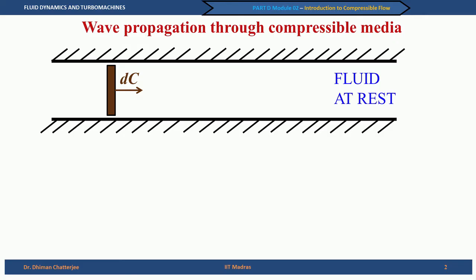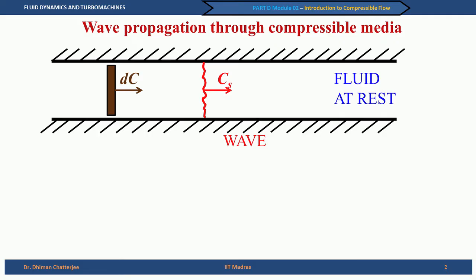However, the fluid near the piston will start acquiring the velocity, and then this information, or the disturbance that there is a small velocity dc being imparted by the piston, will propagate, and we can say that this disturbance propagates as a wave with the speed of sound c_s through the medium.